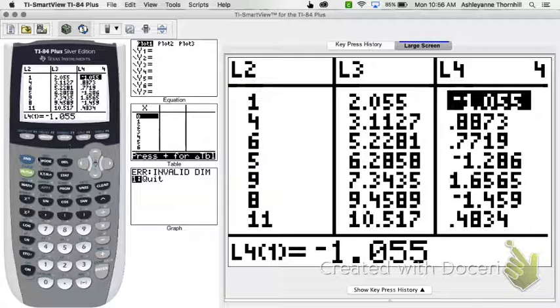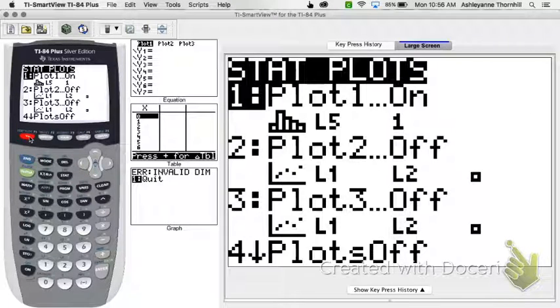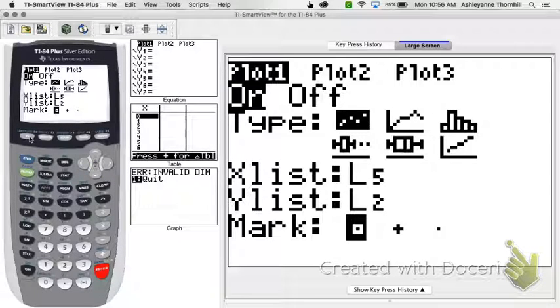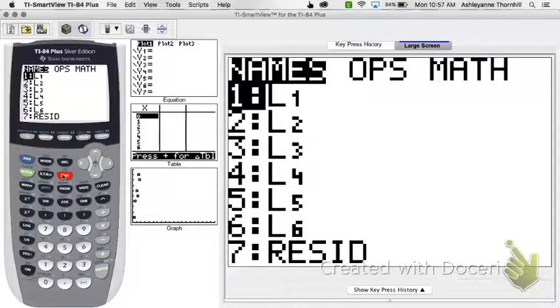So I'm going to go to second y equals, and I'm going to change my plot to be a scatter plot. Yours is probably already on there. My X list is going to be the original X list, so L1, whatever your X's are in your stat edit. Then the Y list is going to be, if you hit second stat, you'll see option 7, yours could be 8, but you'll see resid.